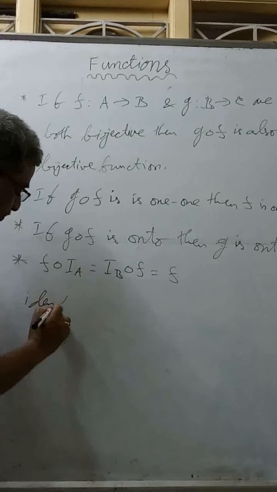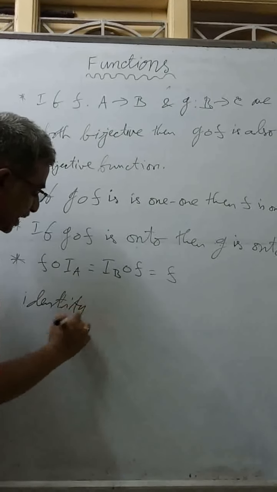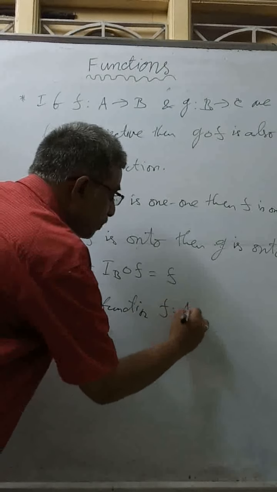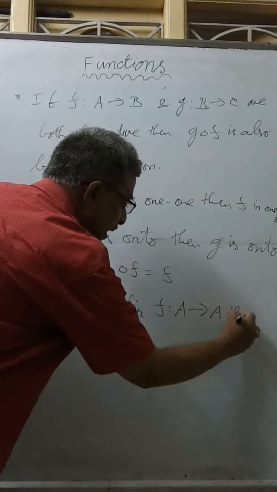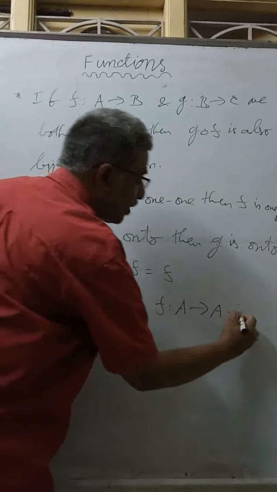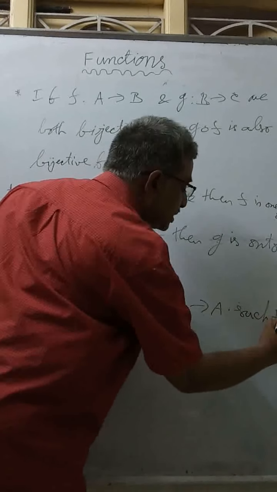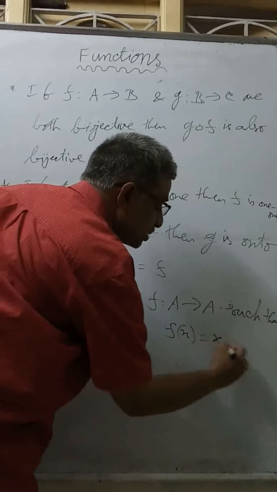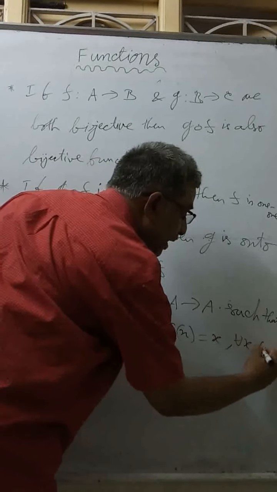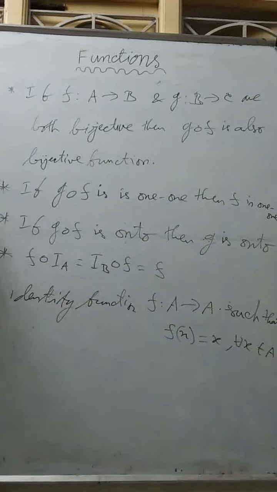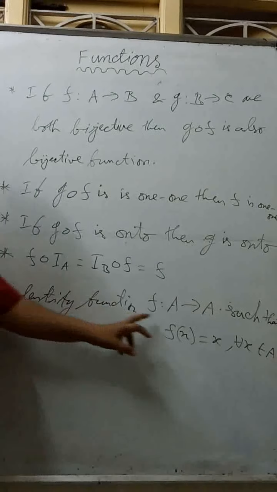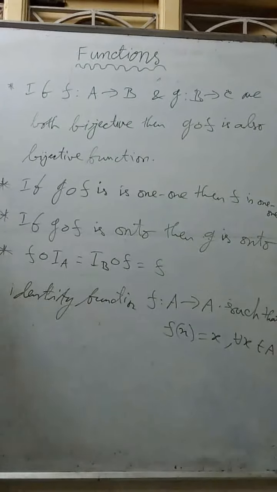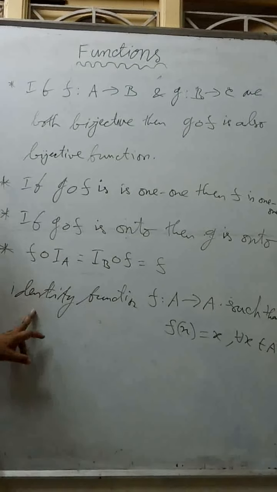An identity function means F is a mapping from A to A such that F of x equals x for every x belonging to A. Then it is called an identity function.